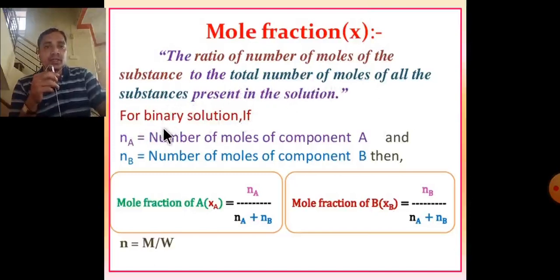For a binary solution, if Na is the number of moles of component A and Nb is the number of moles of component B, then the mole fraction of A, Xa, is equal to the number of moles of A, that is Na, divided by the number of moles of all the substances present in the solution, that is Na plus Nb.